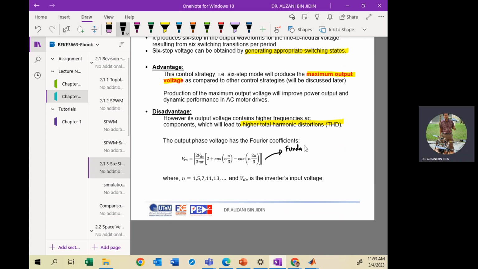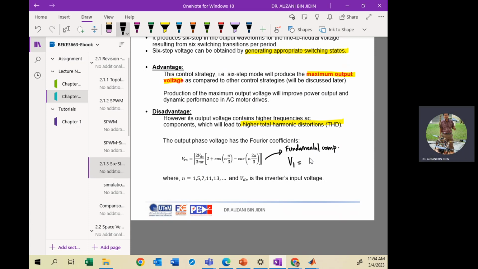Then, for the six-step, to calculate the fundamental component, V1, you just substitute the value n is 1 into this equation. You substitute n equals 1.